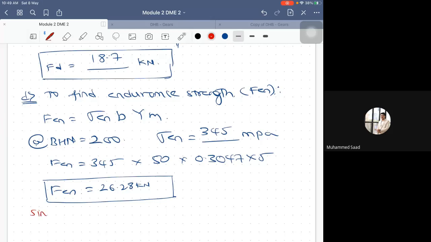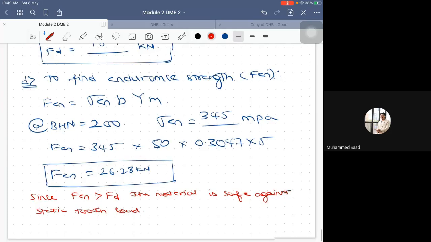Since FEN is greater than FT, the material is safe against static tooth load. So the material is safe against static tooth load.